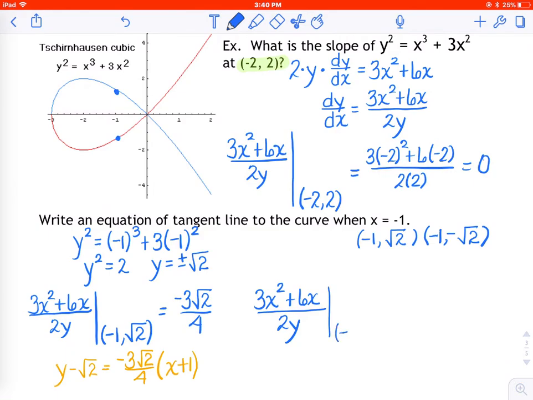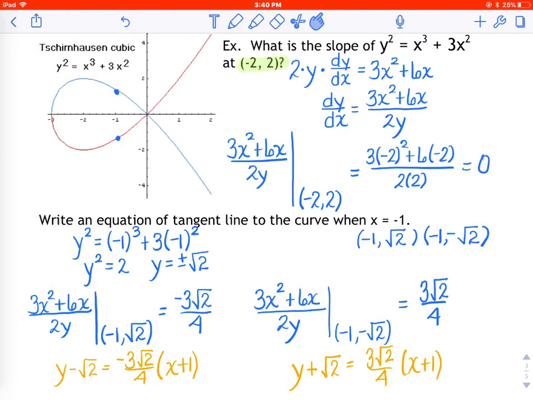So as I go to plug in my ordered pair, and you guys, again, stop the video, pause it, make sure you've got everything, your slope actually comes out 3 root 2 over 4. So when we go to write the tangent for that one, that makes sense. It's got a positive slope. So we're looking at y plus the square root of 2 is 3 square root of 2 over 4 times the quantity x plus 1.